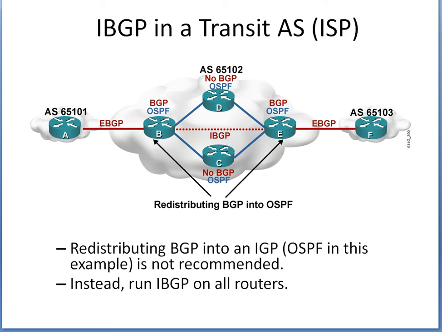That is, you go via someone else's autonomous system. Neither the source nor the destination is in that middle autonomous system. It is just used to transit, to pass through to reach the destination.